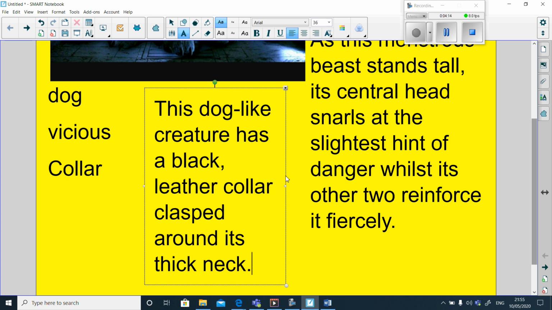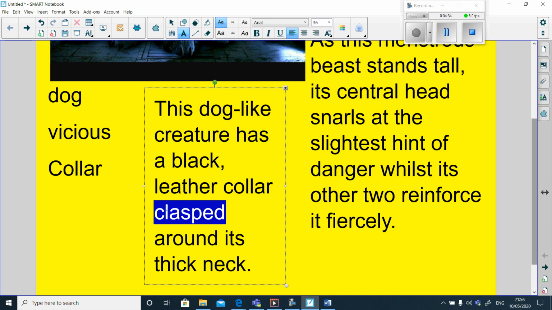That is telling the reader. There aren't any clues in this, and there aren't any verbs that describe the dog doing something. There is a verb in there, clasped, but that's telling the reader what the collar is doing. It's not saying what the character is actually doing.